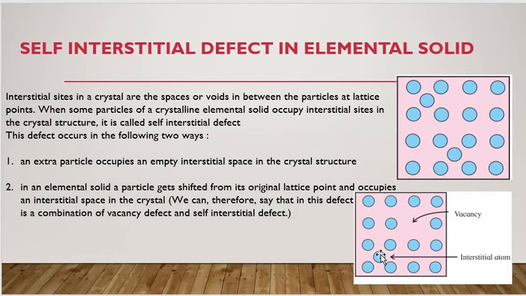It is interesting to note that in this second case, because of the displacement of the particle, one vacancy is created, and at the same time the void or interstitial site within the crystal lattice is occupied. So it is a combination of vacancy defect and self-interstitial defect. This defect preserves the density of the substance because there is neither loss nor gain in mass of the substance.